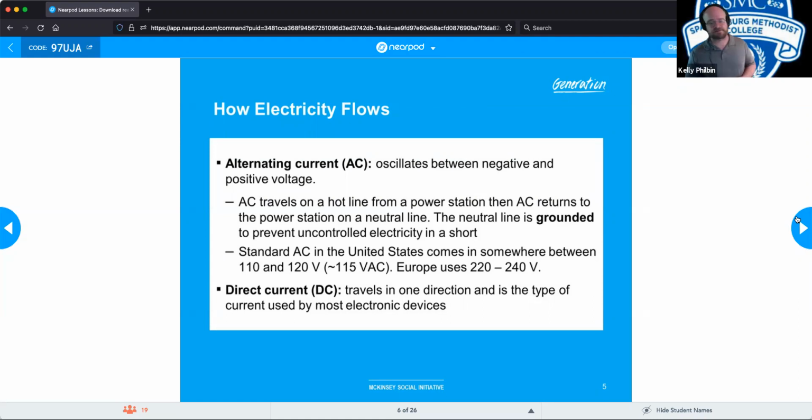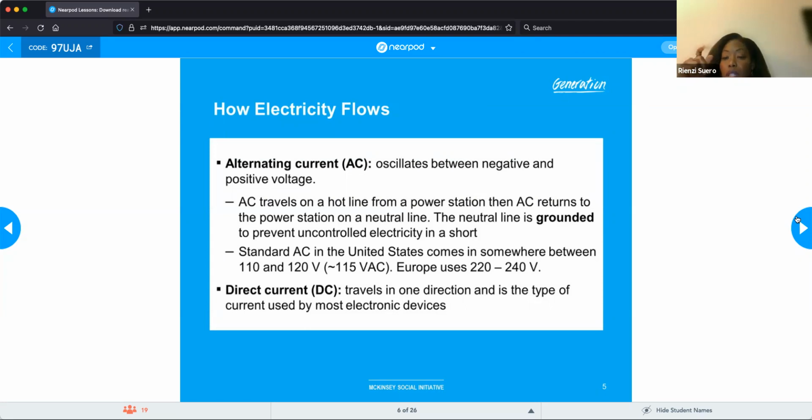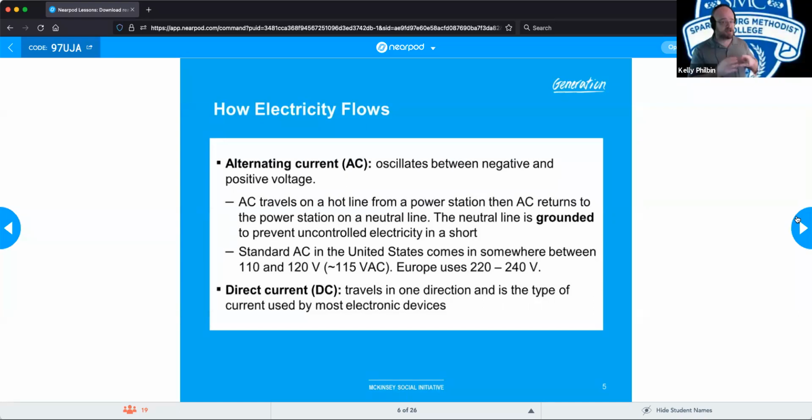Yes, Renzi. Those power things that you get to adapt the power adapters, does that then prevent that from happening? Depends on the power adapter. Some are literally just a plug conversion kit where you put it on the end of a plug.